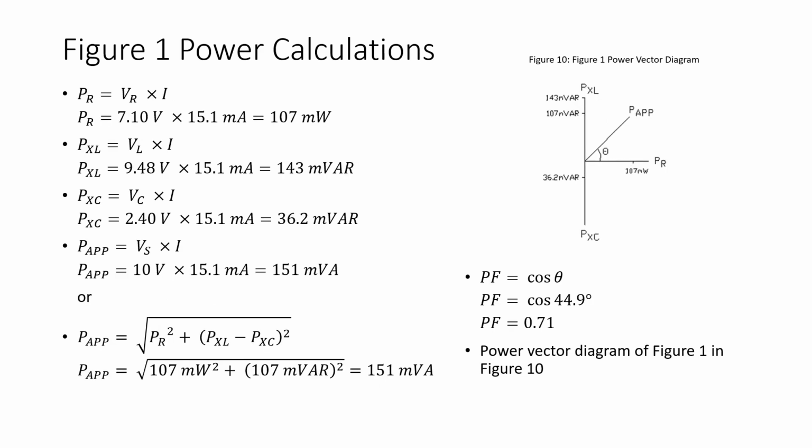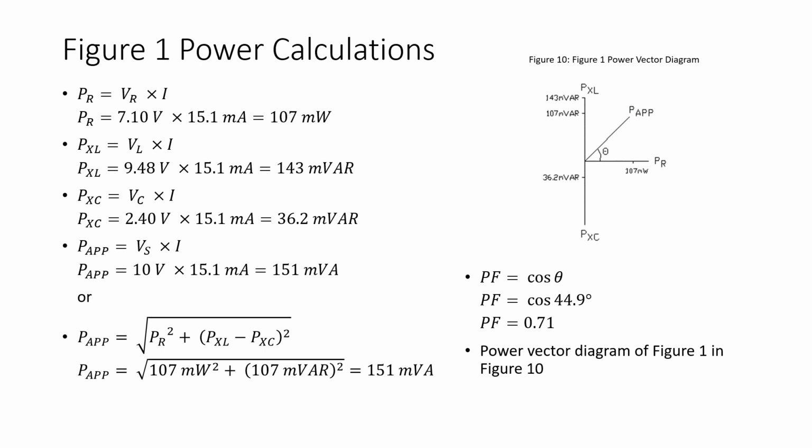Now, the power calculations for the circuit of figure 1 are shown. The true power, VR times I, is 107 milliwatts. The inductor power, VL times I, is 143 millivars. The capacitor power is VC times I, 36.2 millivars.